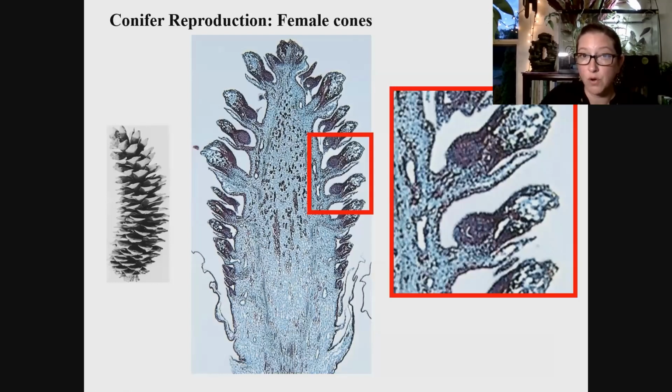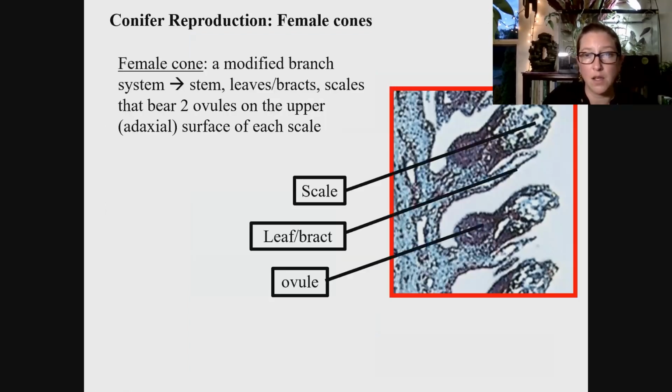Here is a cone cross section. So you have a cone. The cone has these little scales on it and these little weird leaves. But just for you to know, each cone scale has ovules on it.